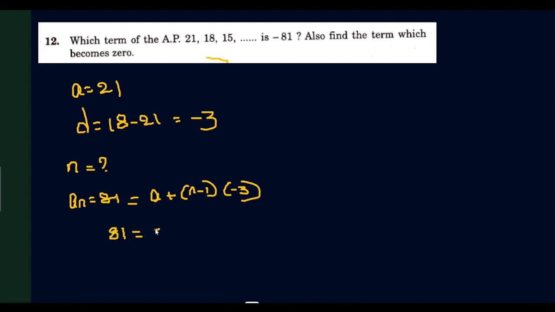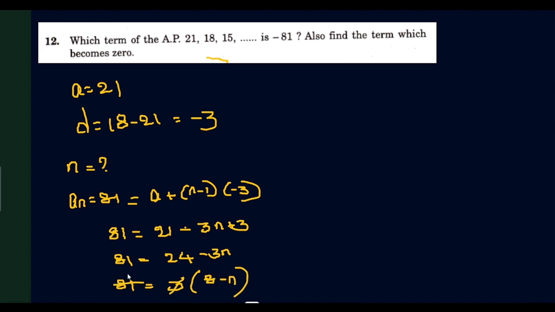Minus 81 is equal to 21 minus 3n plus 3, so minus 81 is equal to 24 minus 3n. So you can take 3 common from the right side, that is 3 into 8 minus n. 3 sevens are 21, 3 nines are 27. So 8 minus n is equal to minus 27.